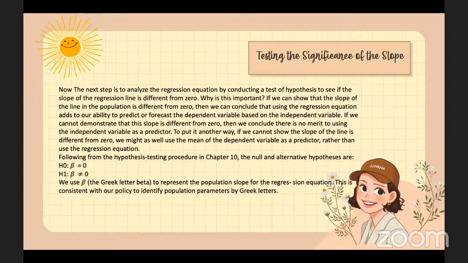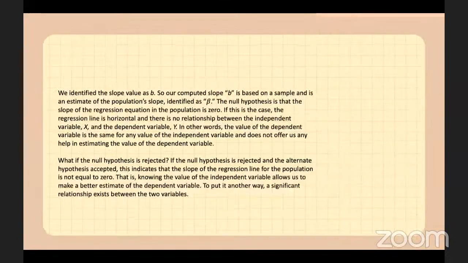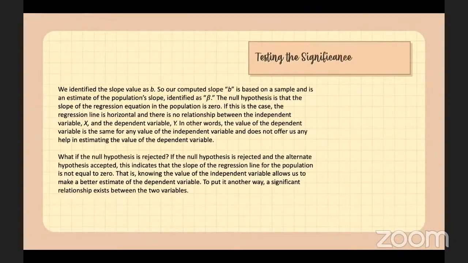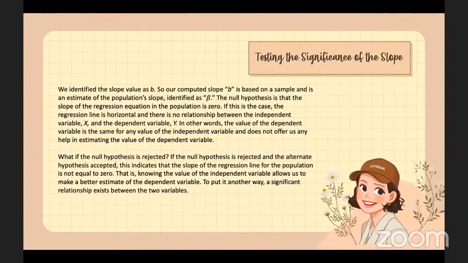This is consistent with our policy to identify population parameters by Greek letters. We identify the slope value as b. So our computed slope b is based on a sample and is an estimate of the population slope, identified as beta. The null hypothesis is that the slope of the regression equation in the population is zero.